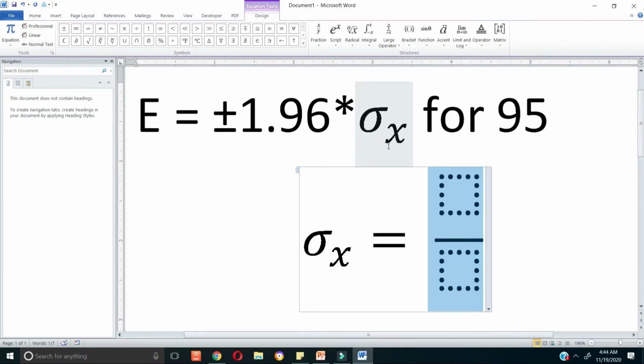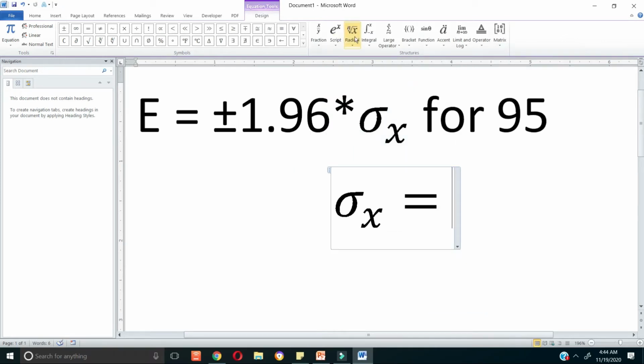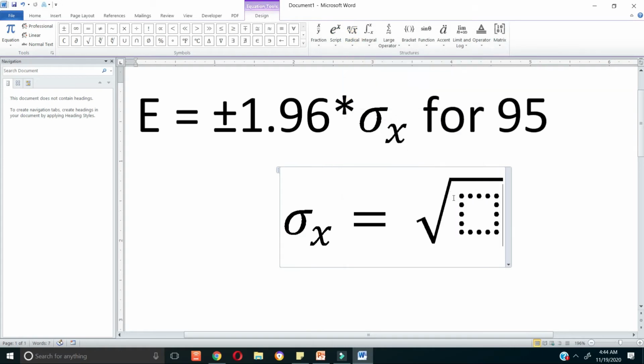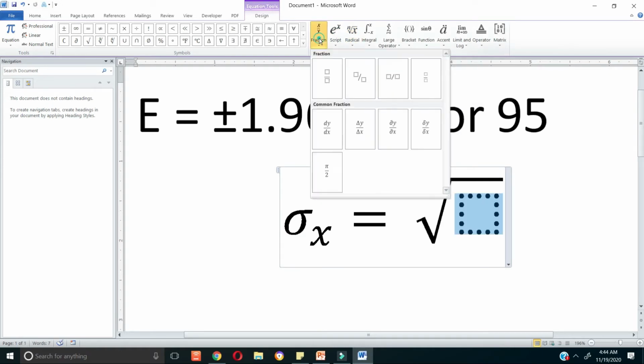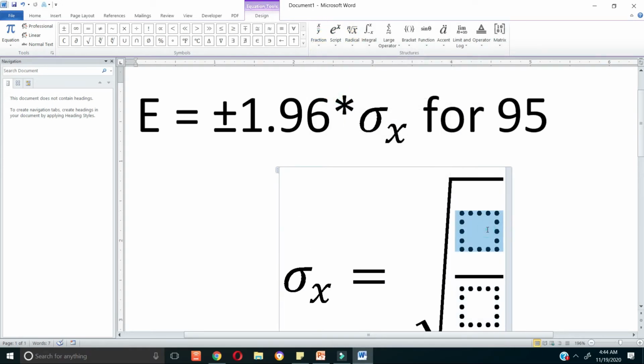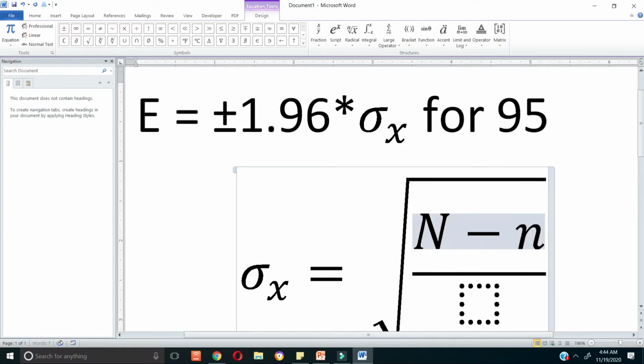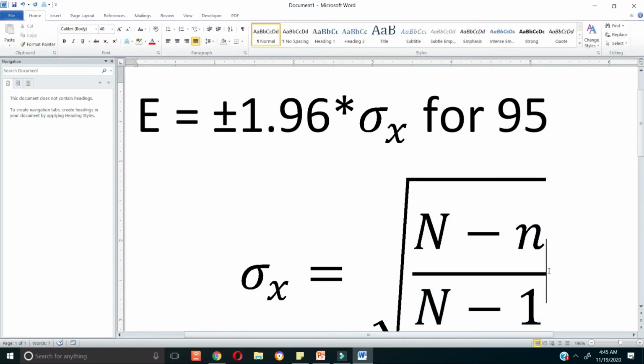So in the general case, you need to have a finite population correction factor, which is basically the square root of (N minus n) over (N minus 1), where that uppercase N is the population size. Let me just finish this out first.